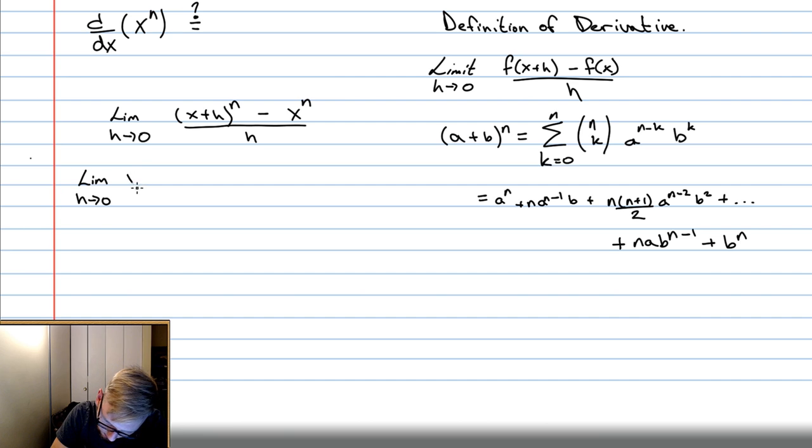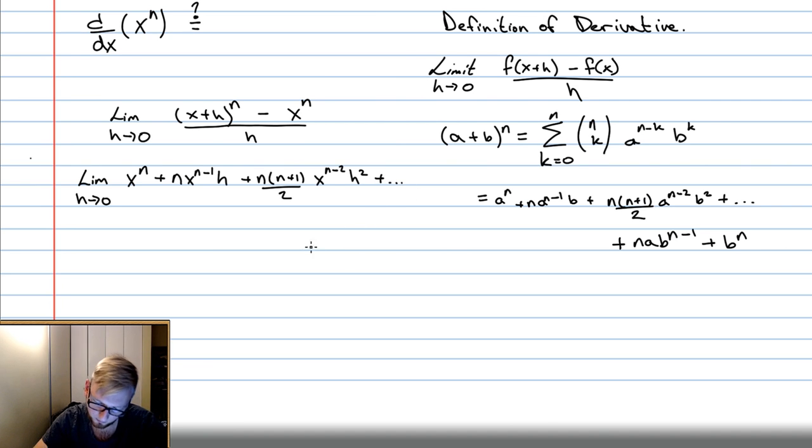We've got x to the n plus n x to the n minus 1 times h, plus n times n plus 1 over 2 times x to the n minus 2 times h squared plus dot dot dot.